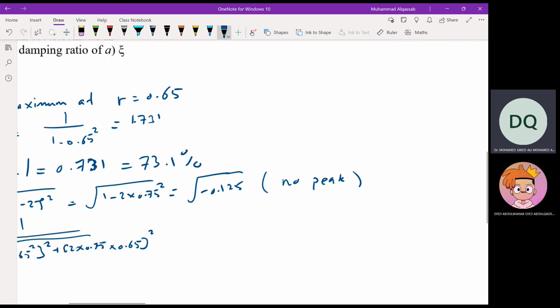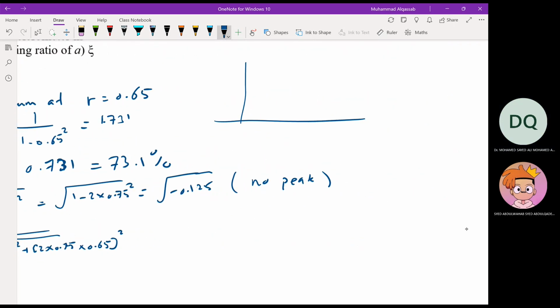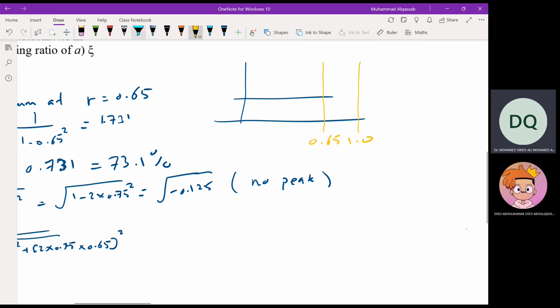So the graph for zeta equal to 0: let's say 1 is here, 0.65 is here, and it is going to shoot upward.